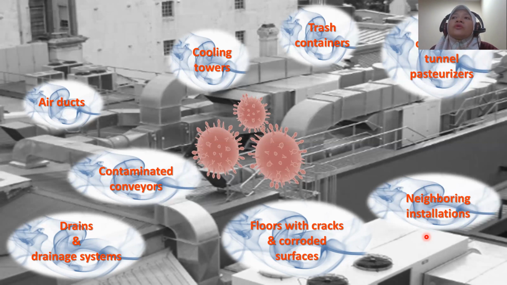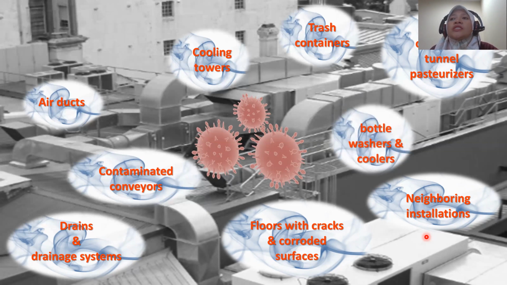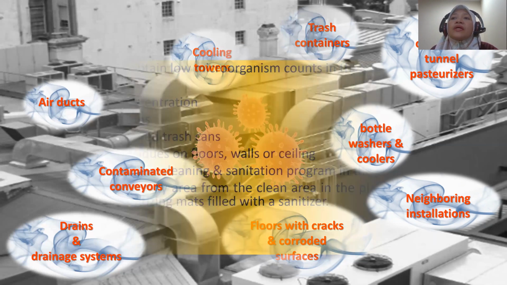Combined with the humidity and air inside the processing area, this can encourage condensation, and later the droplets from the condensation may contaminate other food surfaces or food contact surfaces. And then bottle washers may also contaminate the air.